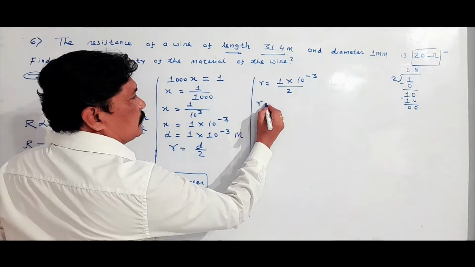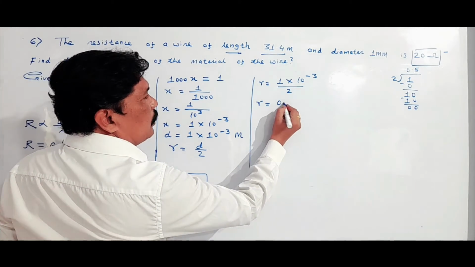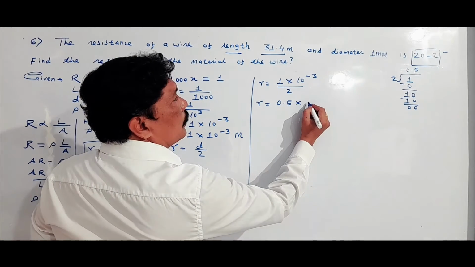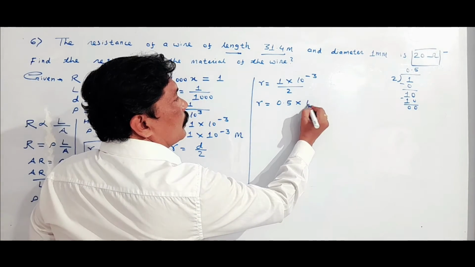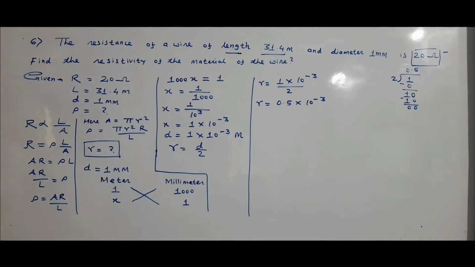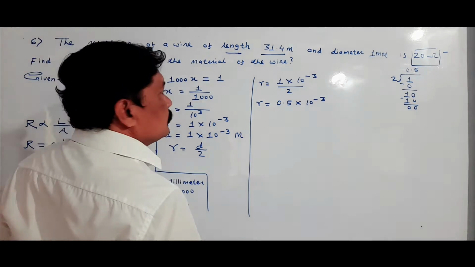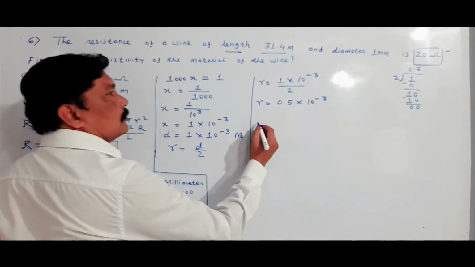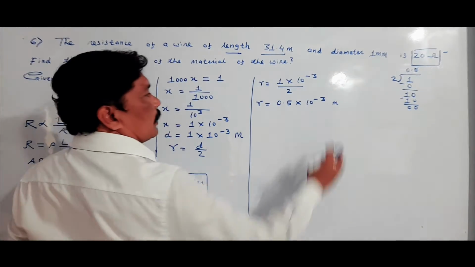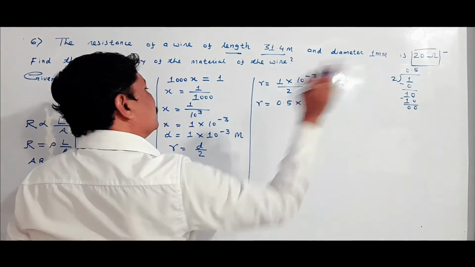So radius is equal to 0.5 into 10 to the power minus 3 meter.